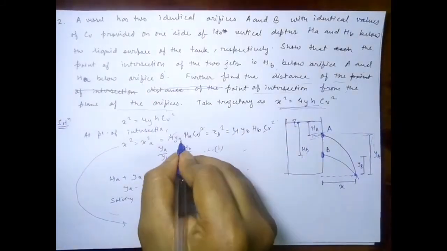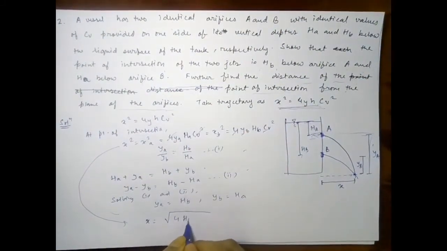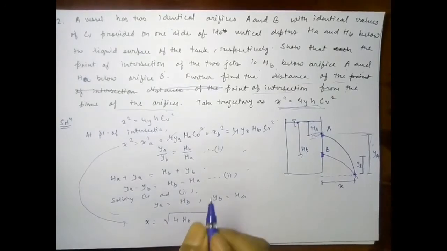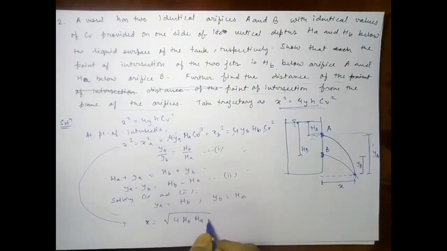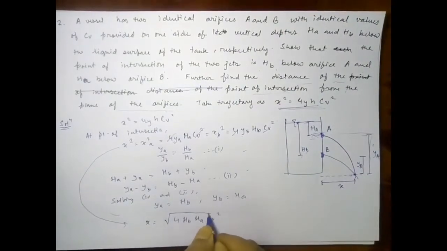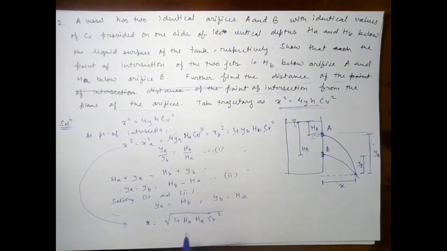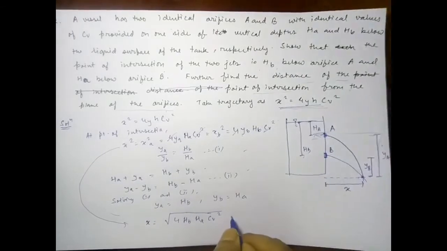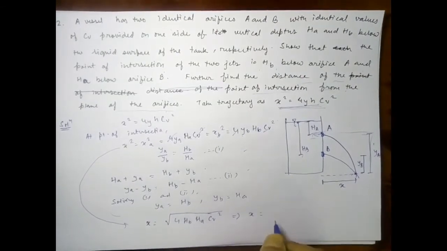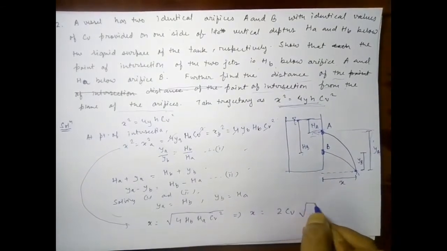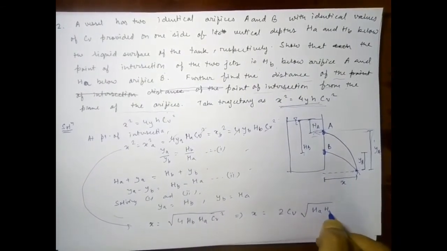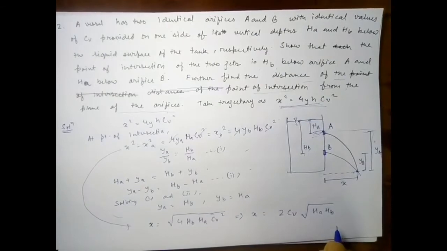In place of y I will write hb, and ha is already there, and Cv square. So taking 2Cv outside, I will get x is equal to 2Cv times square root of ha hb.